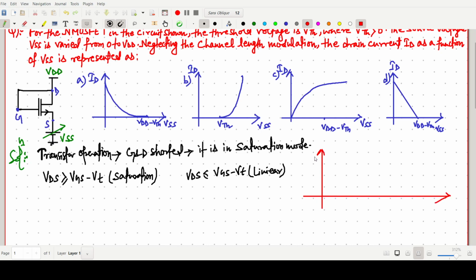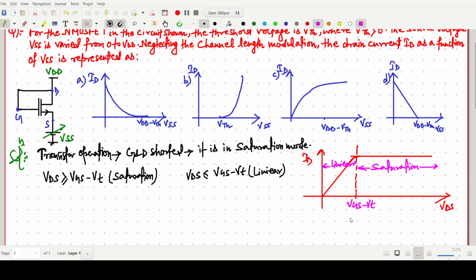As we know, the ID versus VDS curve will be linear first, then saturation. This region is called our saturation region, and this one is our linear region, and this point is VGS minus VT.